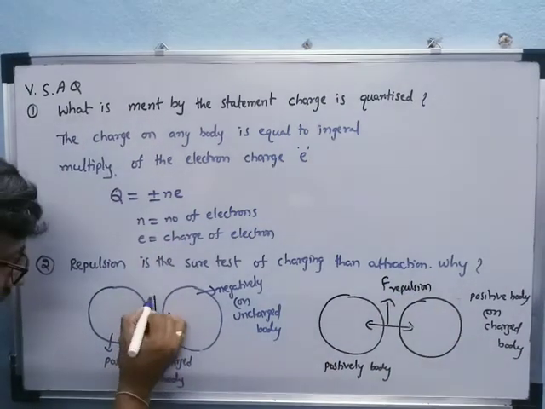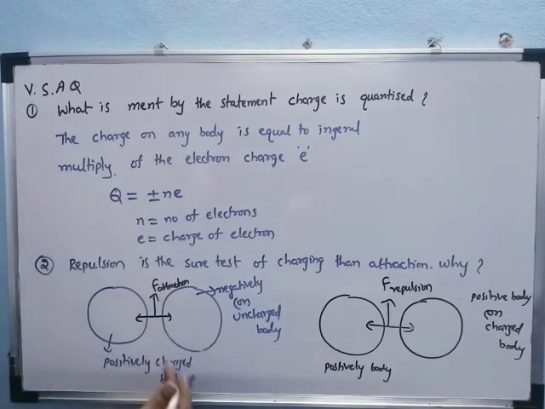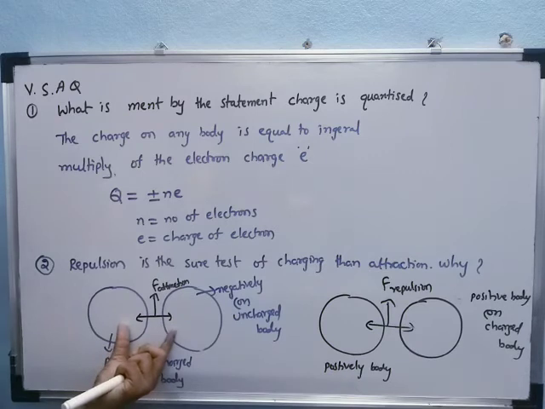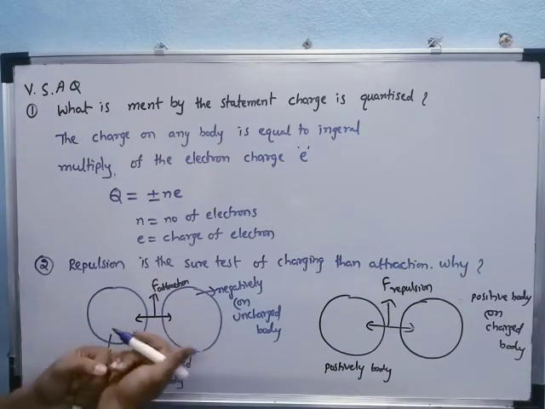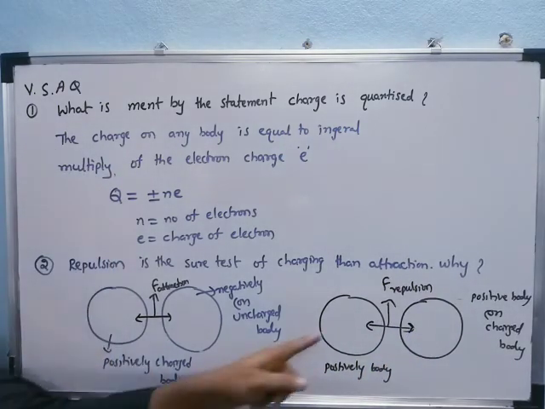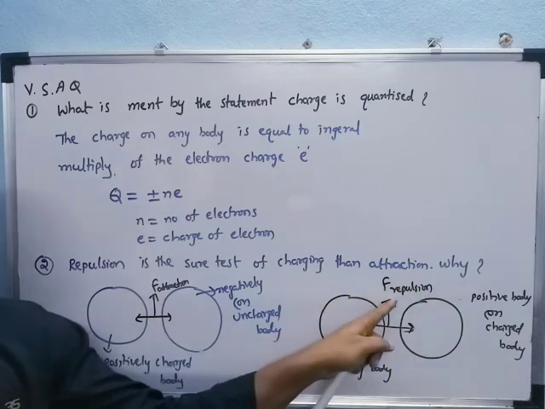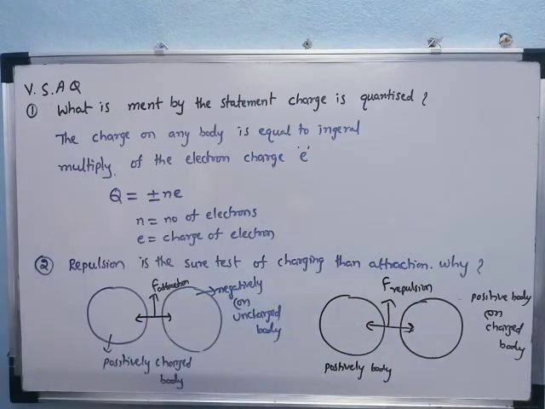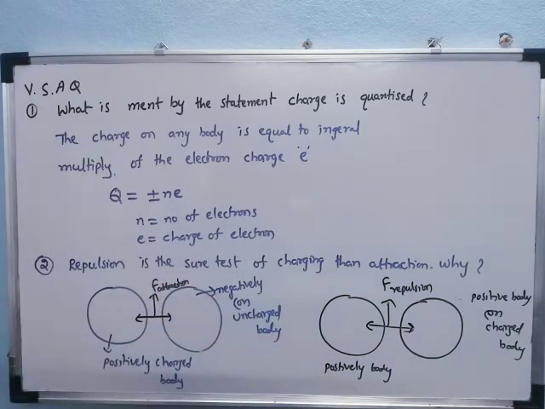But here the force is attraction. With attraction, how much force is established between these two bodies is difficult to find. But when you have repulsion acting between these two bodies, we can find out how much force acts. That's why we say repulsion is the sure test of charging than attraction.